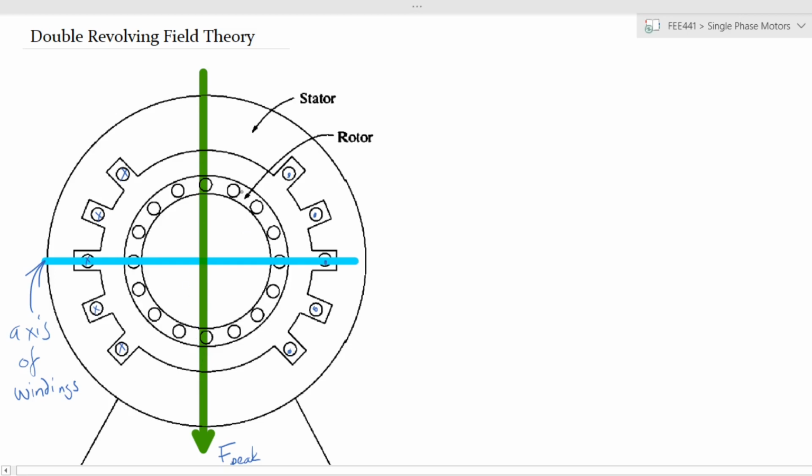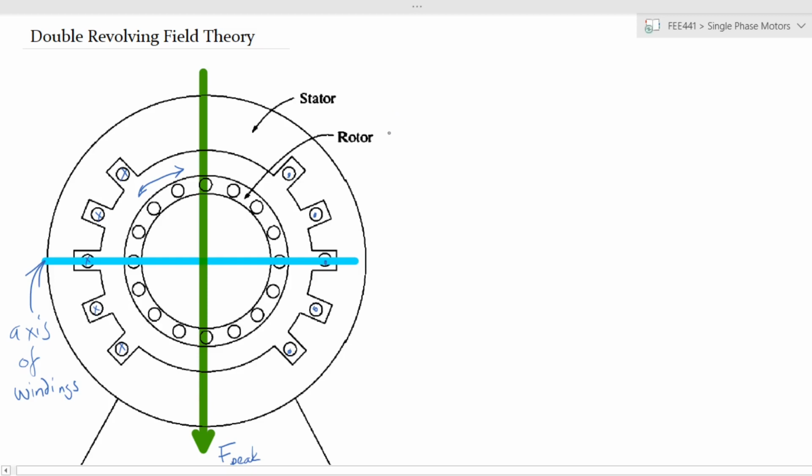Now, if we mount our rotor consisting of various bars, this is a cross-section of the rotor, and the rotor is only free to move in the direction shown. So it's only free to move in that direction, all right? Either it will rotate clockwise or it will rotate anti-clockwise.